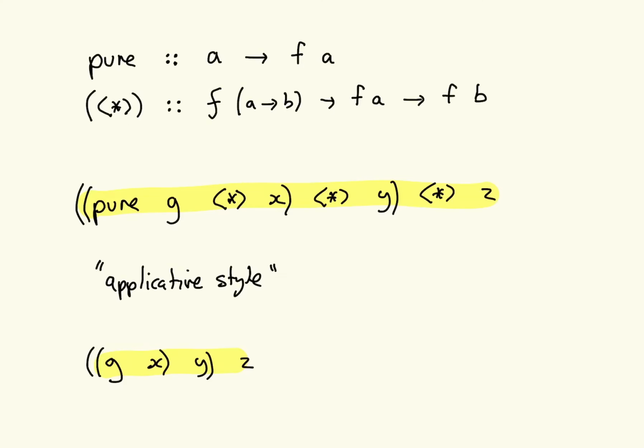So I claimed that using these two functions, pure and funny star, you can define any mapping operation you like. So let's actually see how that works out in practice. Let's define the first few mapping operations. Let's see how we could define fmap 0. So fmap 0 went from A into f of A. So I can think, well, how do I define this using pure and using the star?